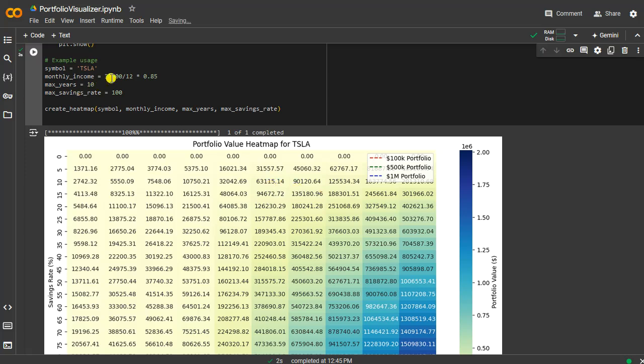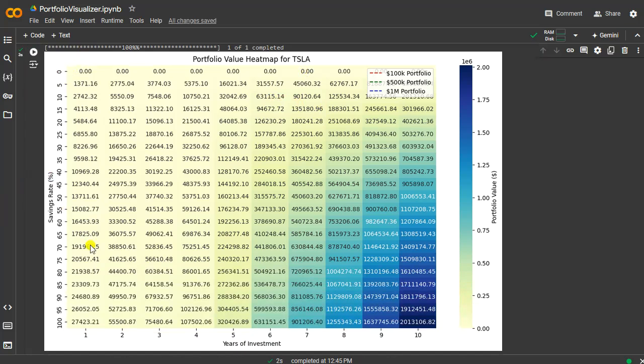Could we become a millionaire by choosing the right company and investing for less than a decade with a certain saving rate? Let's see. So there's a million line here in this bluish color, we crossed the $1 million threshold. For instance, we could accomplish it with an 80% savings rate in 8 years, or we could have accomplished it with a 65% savings rate in 9 years.